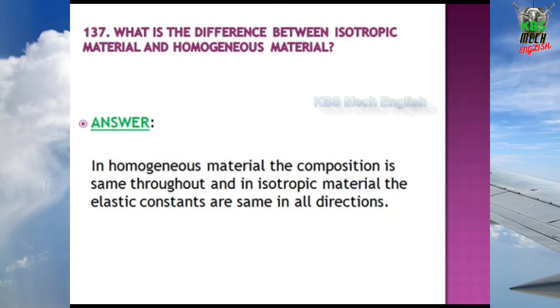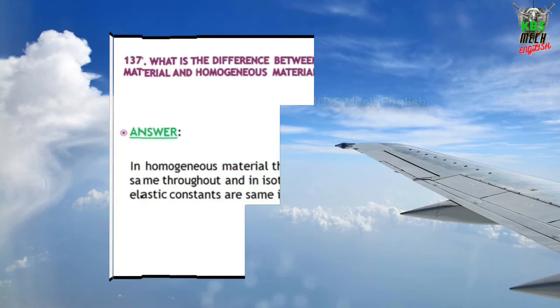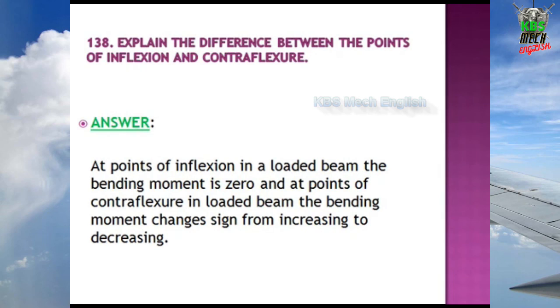Question number 137. What is the difference between isotropic material and homogeneous material? Answer. In homogeneous material, the composition is the same throughout, and in isotropic material, the elastic constants are the same in all directions. Question number 138.